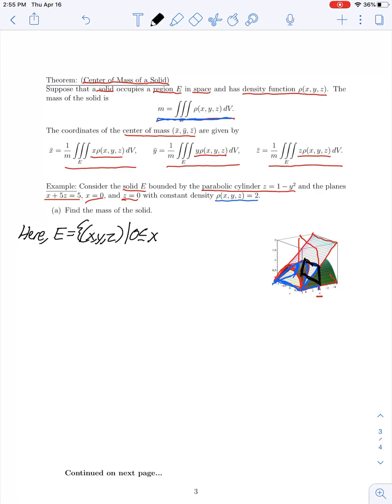And it's bounded above, in our x direction, by this plane where x plus 5z is equal to 5. So solving that for x, we would have 5 minus 5z.